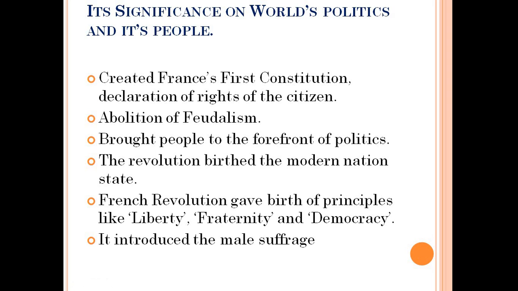Before the French Revolution, there was no concept of liberty among people. They had no idea what fraternity was, or what democracy was all about. They couldn't even imagine that they could change the government, or that together they could bring a change.